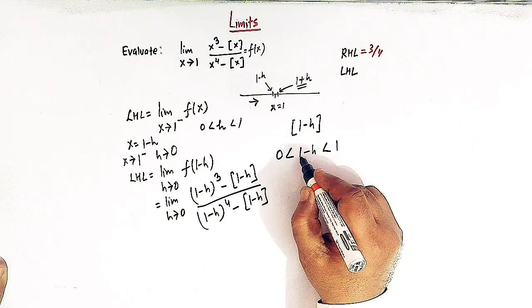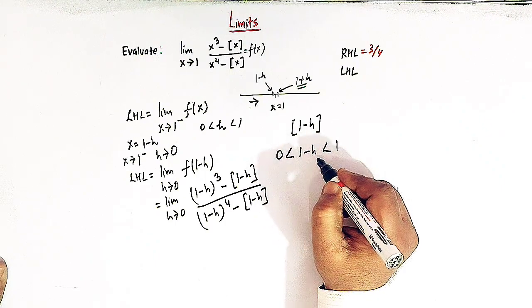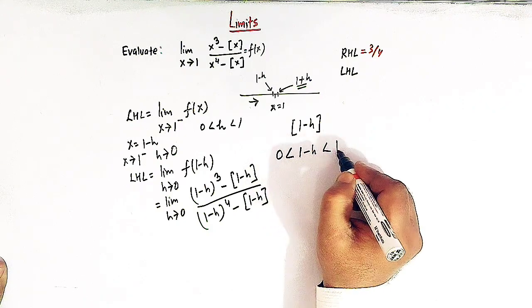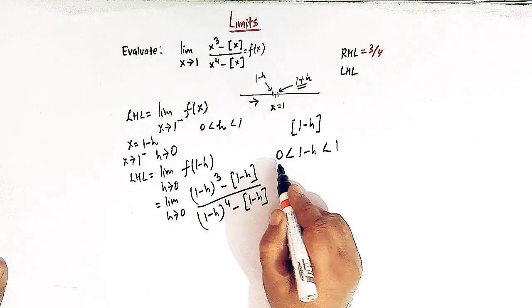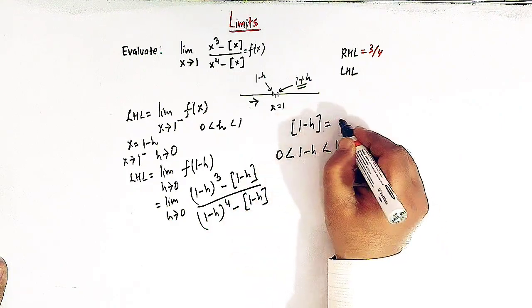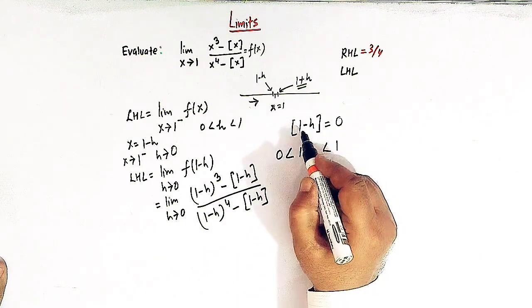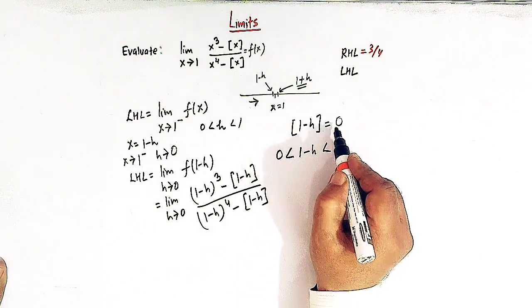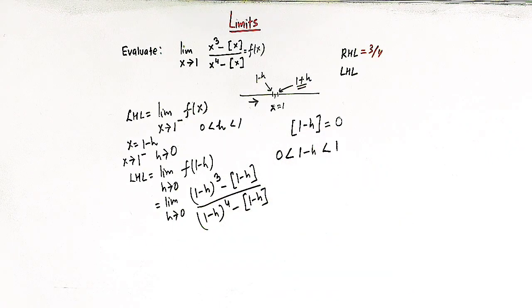Because h is less than 1, so 1 minus h remains a positive quantity. But 1 minus h is slightly less than 1, but it is always greater than 0. So the greatest integer of 1 minus h should be equal to 0, right? Because the greatest integer less than 1 minus h is 0.